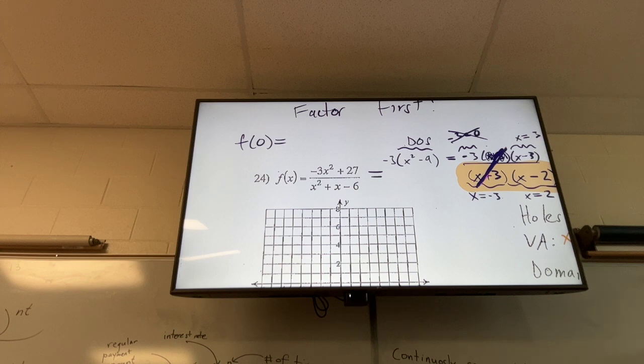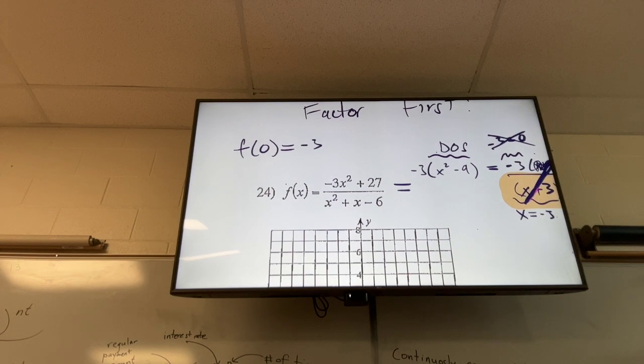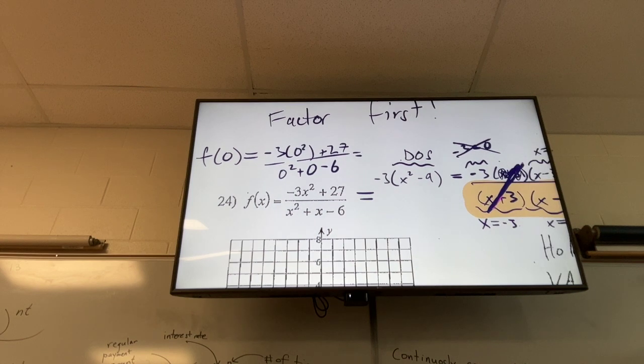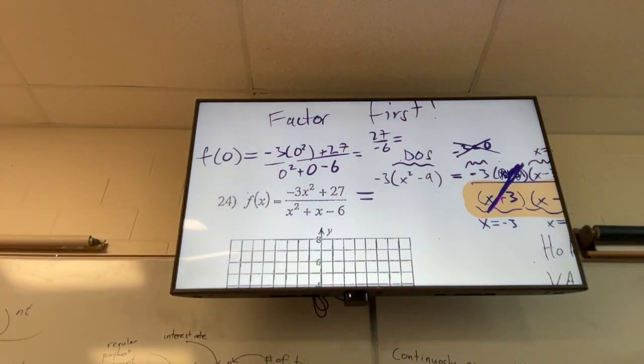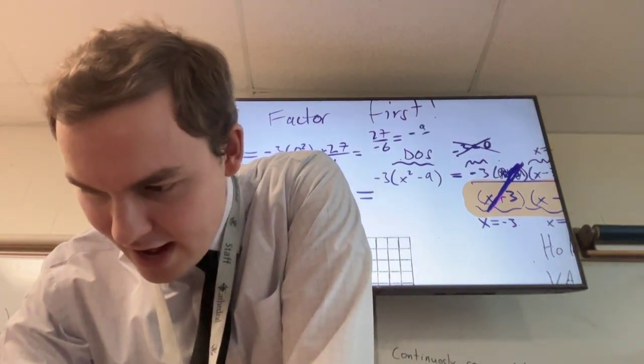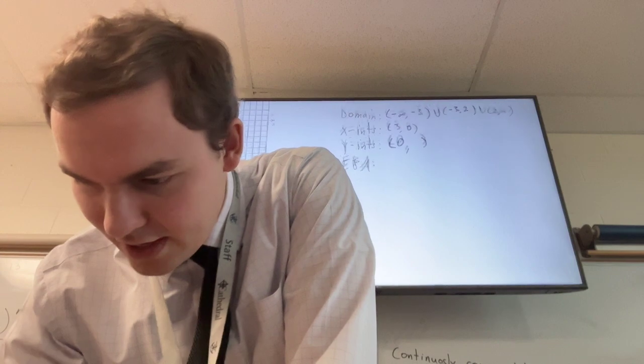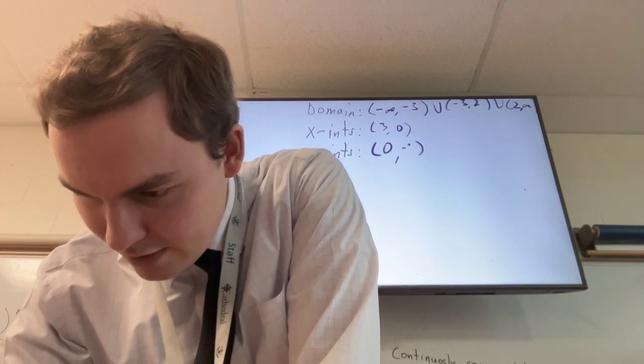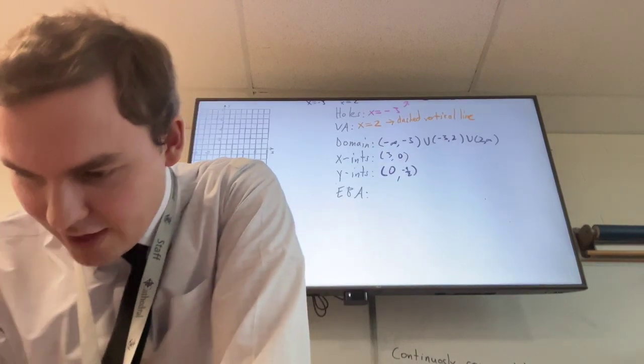I like to use the unfactored form, so I'm going to do -3 times 0 squared plus 27 all over 0 squared plus 0 minus 6, okay. That's going to give me 27 over -6, which simplifies to, is that -9 over 2? Thank you. It's going to simplify to -9/2, okay? So my y-intercept is going to be -9/2, okay?